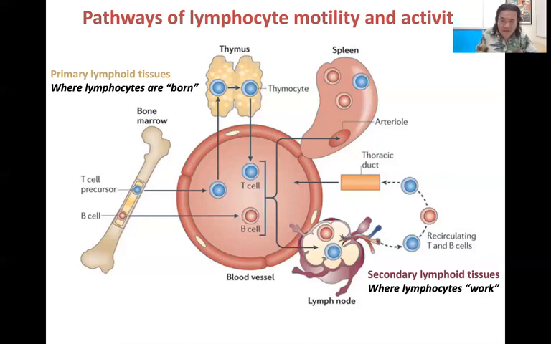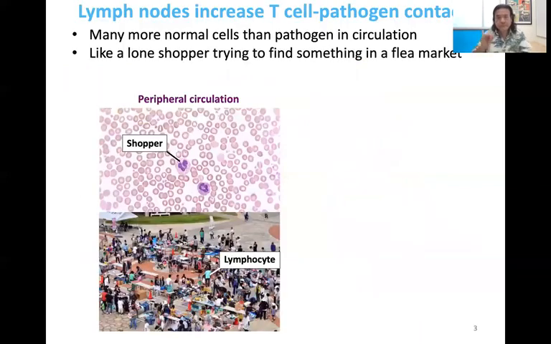Why wouldn't it be enough just to have them floating around in our blood, and wherever they bump into things that their antigen binding domains on their immunoglobulins or T cell receptors recognize, why can't they just do their job there? So let's talk about this, because this has to do with how evolutionarily we've organized our immune system, with these lymphocytes going between our blood circulation and our lymph.